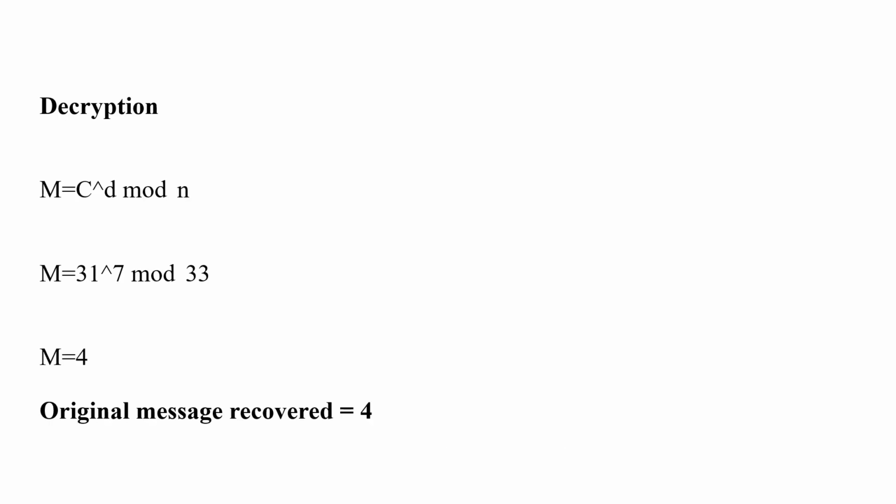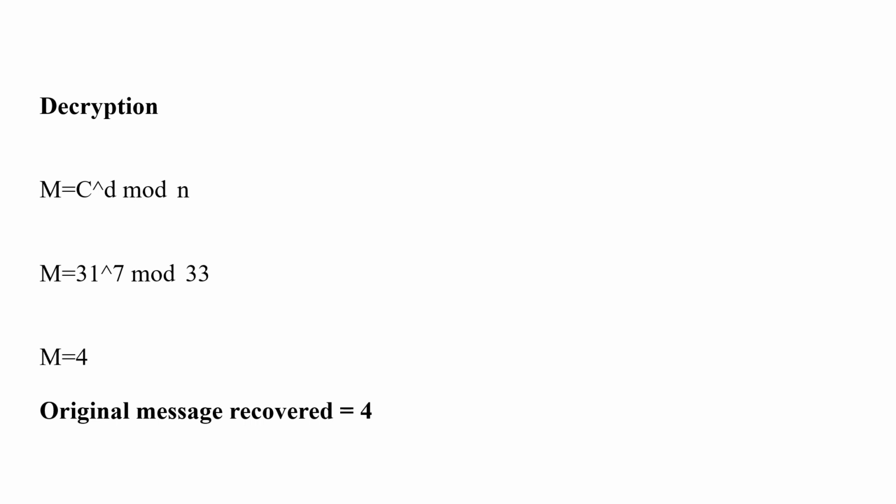Encryption is done. Now decryption is just the opposite. This is the formula: message M is equal to C raised to D mod N. C stands for ciphertext, D stands for the private key, and N is the product of P and Q. Just substitute. The ciphertext is what we got just now, which was 31, raised to 7, the private key value, mod 33.